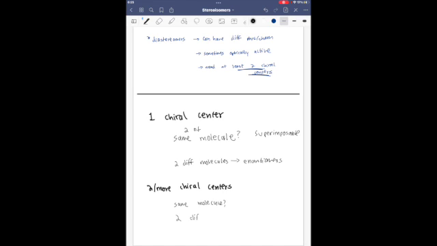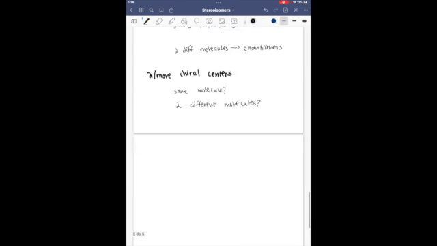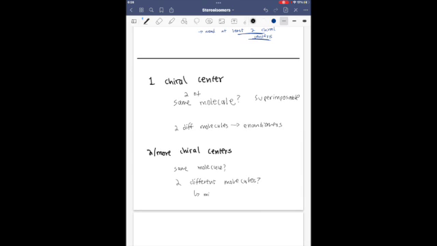Do I have 2 different molecules? And if I have 2 different molecules, are they mirror images, making them enantiomers? Or are they mirror images at only some of the carbons, so not fully mirror images, making them diastereomers? All right, I hope this helped.